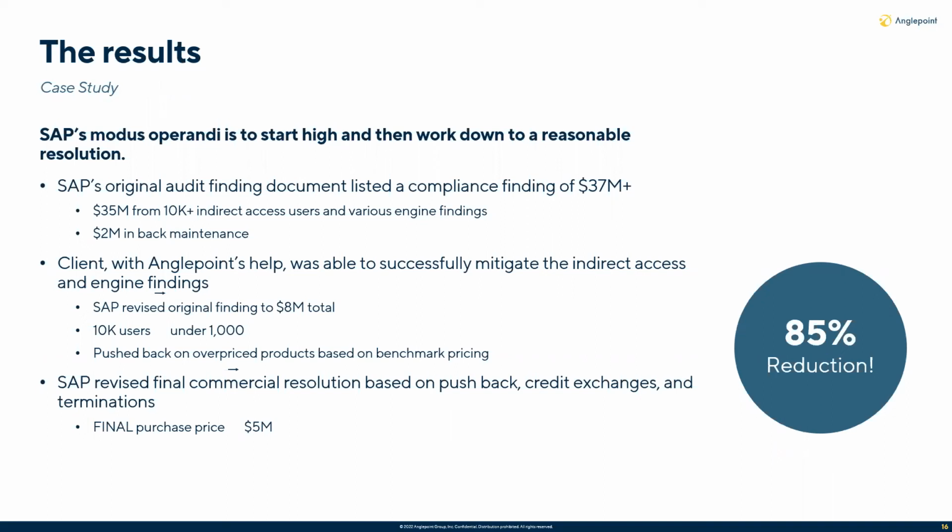So I think that 85% reduction is a fantastic goal. Just keeping in mind that SAP's MO is to start high, unreasonably high in my opinion, and then work down. So having any reduction at all over the negotiating period is a great success.